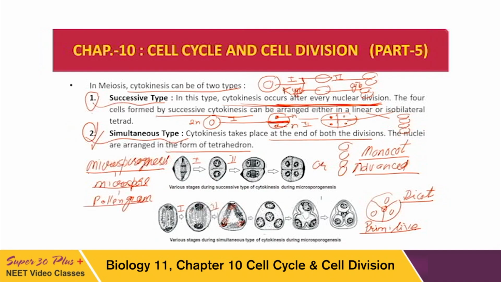Pollen grain is the first cell of the male gametophyte. When microspores are to be formed, meiosis will take place. As a result, four haploid cells will be formed, either by successive type of cytokinesis or by simultaneous type of cytokinesis.